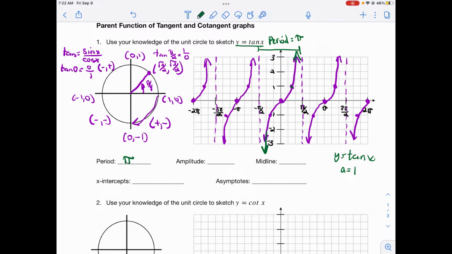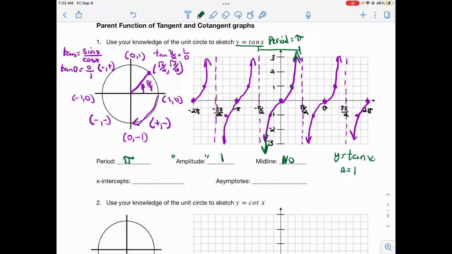So although the tangent function does not have an amplitude, I will put amplitude in quotations because it actually tells you the vertical stretch of the graph. Instead of changing the name to vertical stretch, I just ask, what's the a telling us? And that's telling us that we're going to have a stretch of 1. But again, tangent does not have an amplitude. And because the midline is the distance halfway between the max and min, there is no midline.